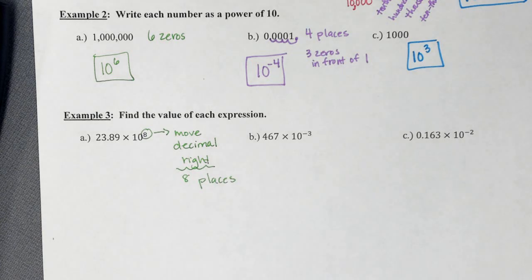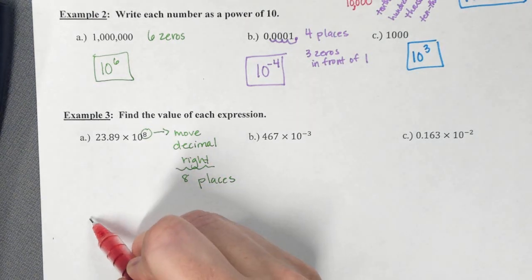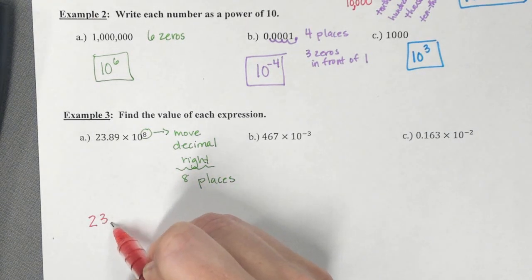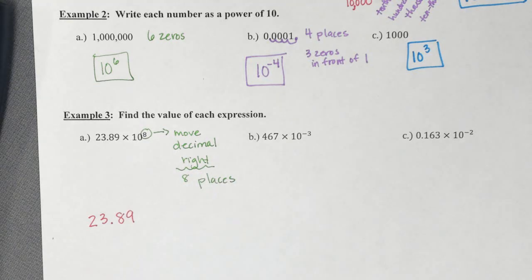How many of you think you can do that without me? Just move the decimal from where it is, 8 places, and put the zeros in. So you have 23.89. All right, go ahead and move it 8 places.